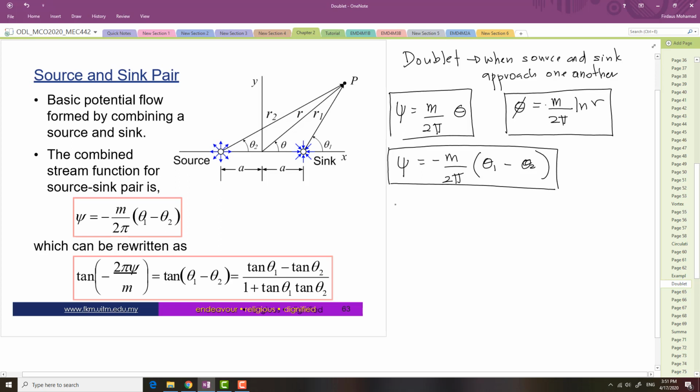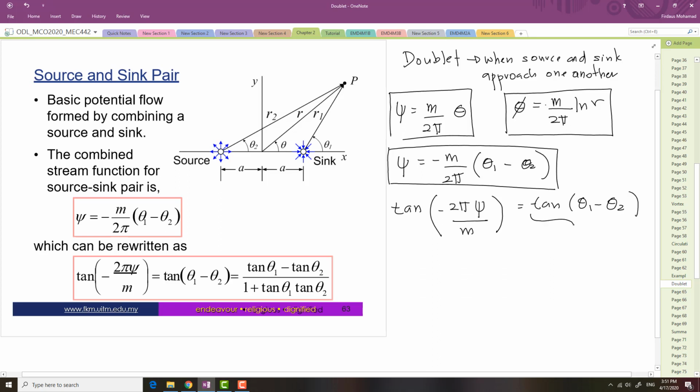Rearranging this equation, tangent of negative 2 pi psi over m equals tangent of theta 1 minus theta 2.